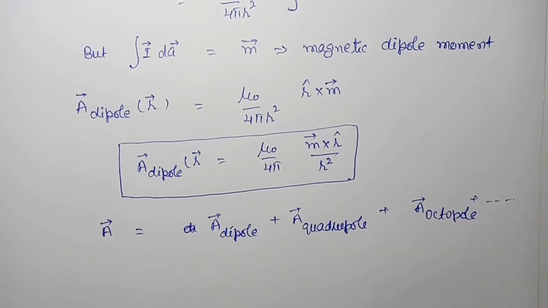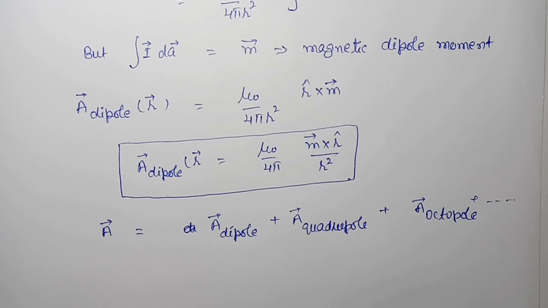So as we discussed, when n equals 0, we have a monopole. Physically, monopole does not exist. So the total vector potential is equal to the sum of the vector potential due to dipole plus that due to quadrupole plus that due to octopole.